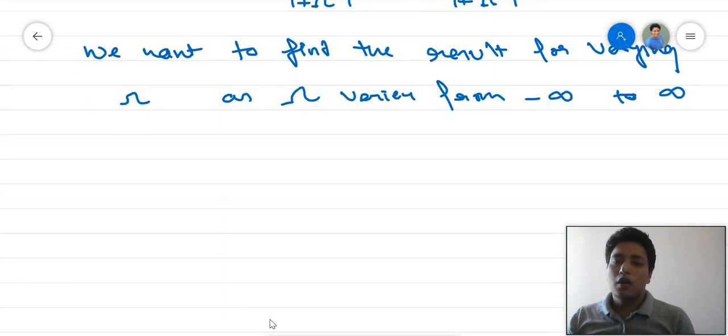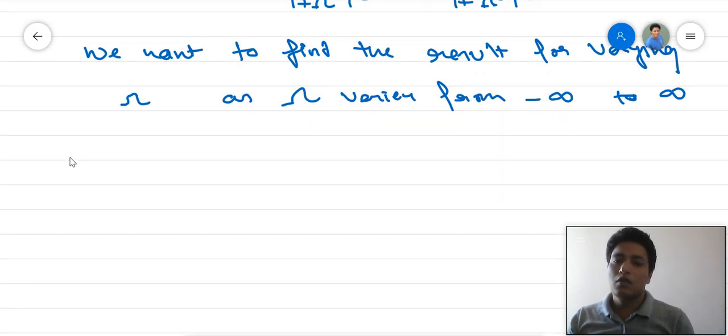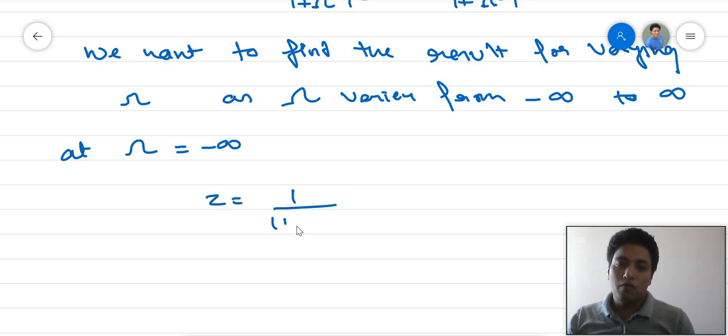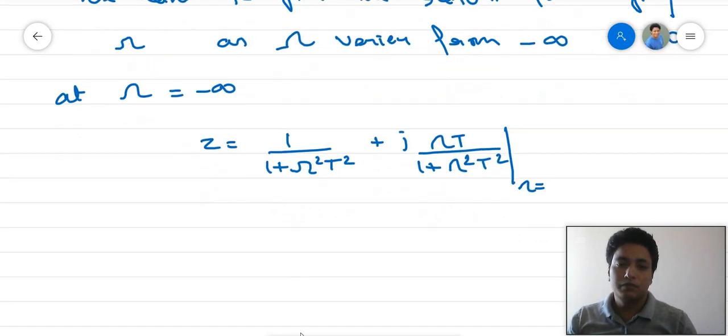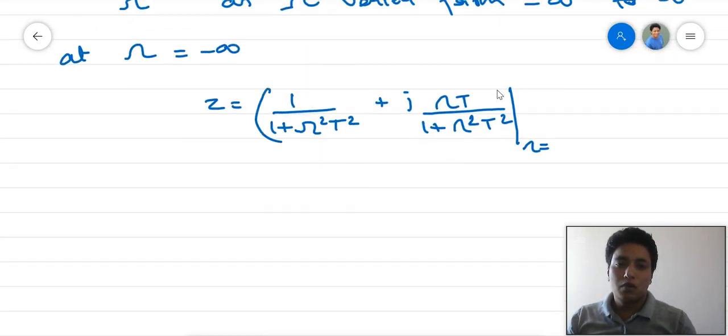So at omega equal to minus infinity, we have z equals 1 over 1 plus omega square T square plus j omega T over 1 plus omega square T square at omega equal to minus infinity.